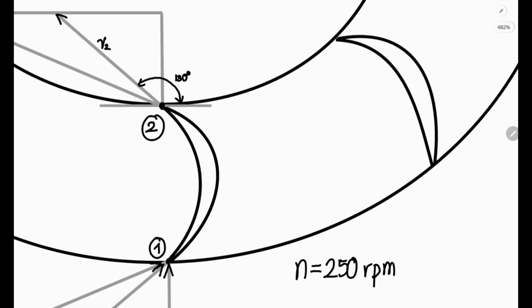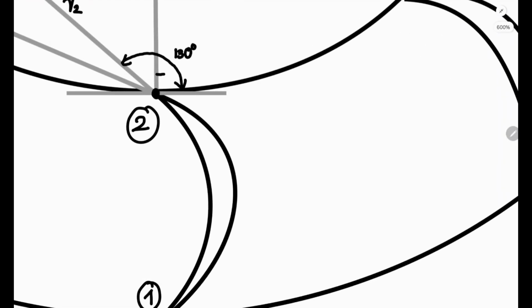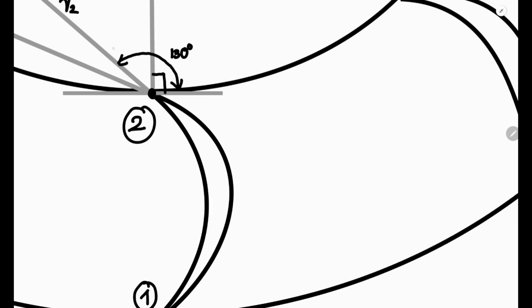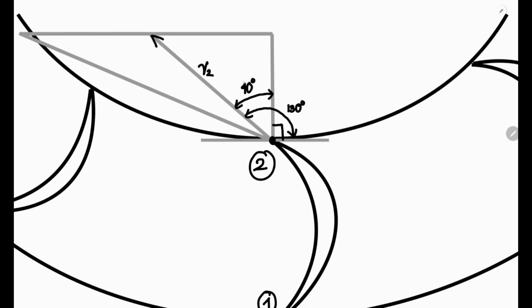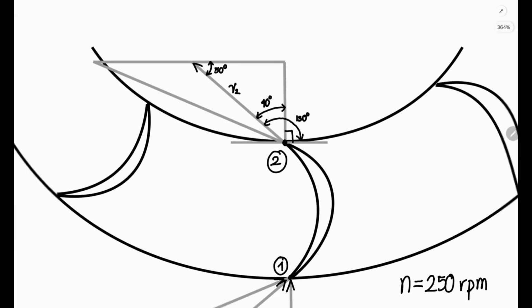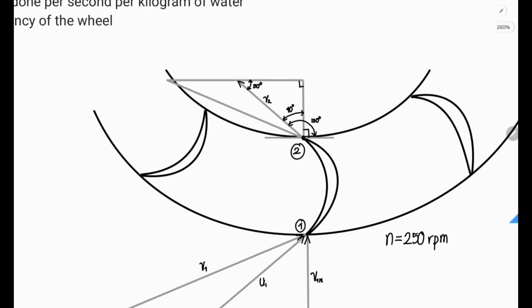But since ito ay right angle, i-minus natin yung 90 degrees from 130 degrees. So mag-arrive tayo sa measure ng angle na to, which is 40 degrees. If this is 40 degrees, therefore this angle is 50 degrees. So ito ay right angle din.